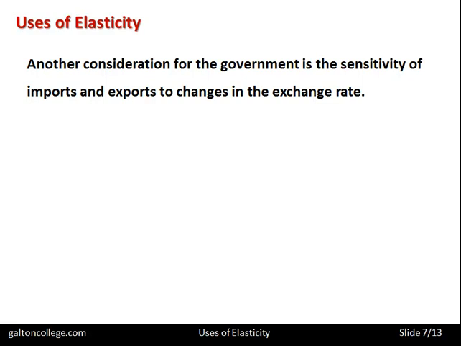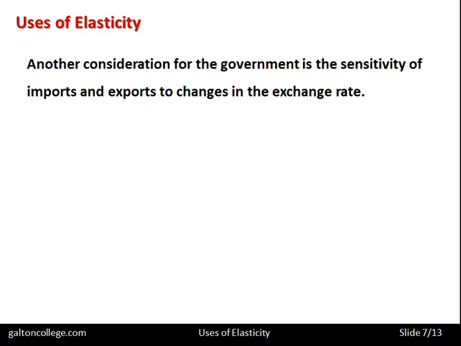Another consideration for the government is the sensitivity of imports and exports to changes in the exchange rate. This introduces two topics to us now. One is exchange rates and the importance of exchange rates, the subject of separate videos, and also elasticity of demand, which will be looked at in more detail in other videos as well. But we have two concepts here, elasticity of demand and exchange rates.